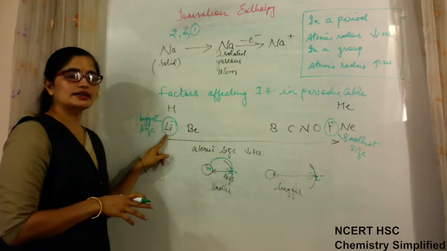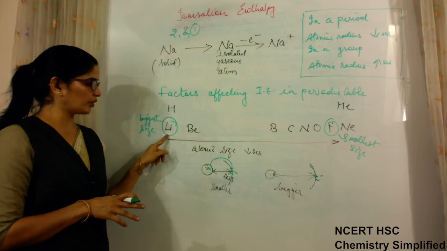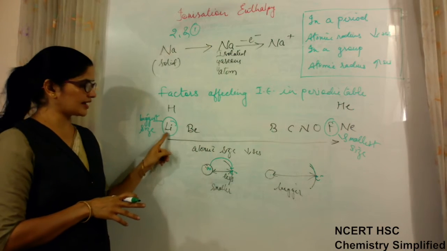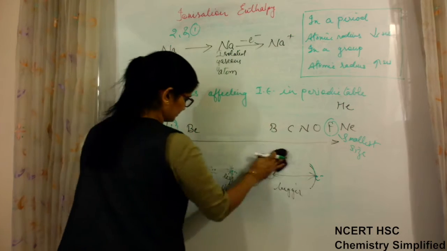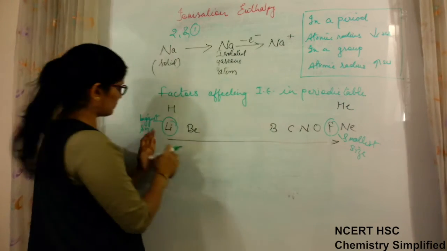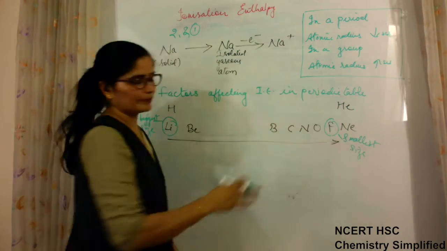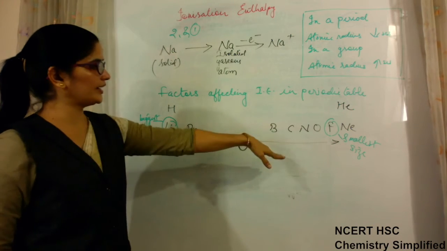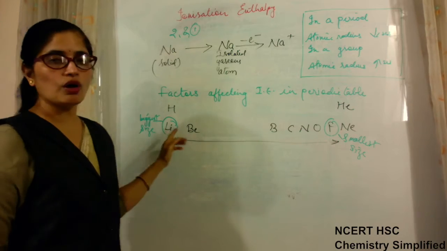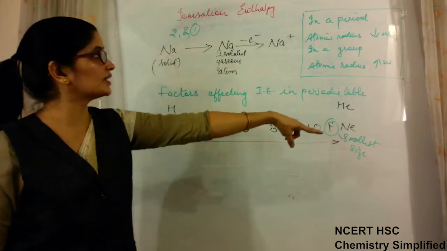The least difficulty is in removing an electron from lithium because its size is big. So in a period, from left to right, the value of ionization enthalpy increases.